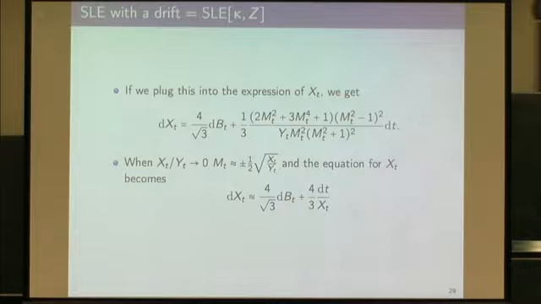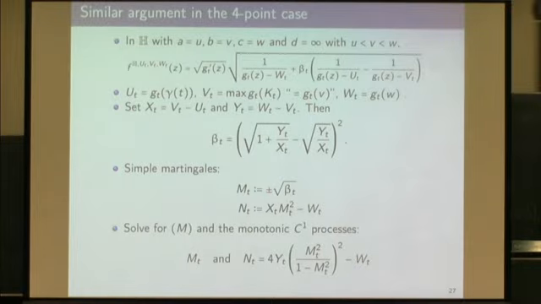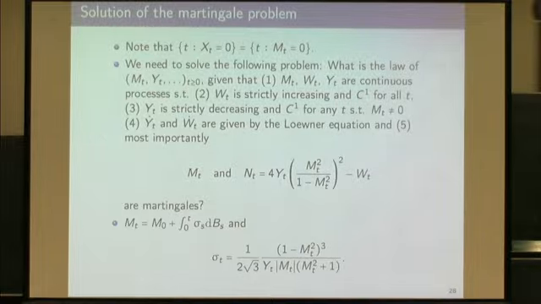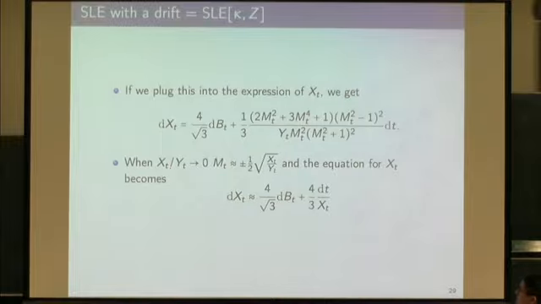Maybe I didn't emphasize this enough: xt is now, in the same way, the difference between b and a, and yt is the difference between c and b, and beta was given in terms of xt and yt. So now we take the limit that this ratio goes to 0. This is the limit that c goes to infinity.